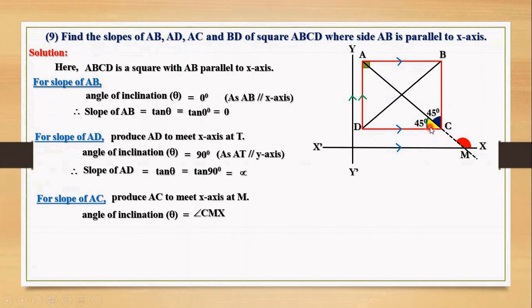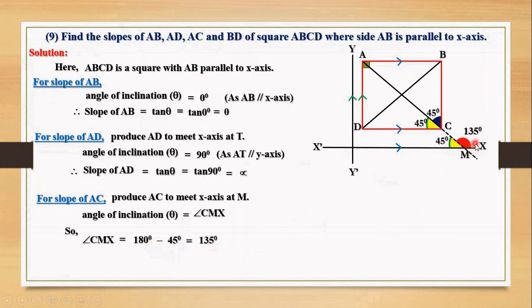So this yellow angle has its corresponding angle pair, which is CMX dash. So these two angles are equal, 45 degree. Since CMX and this 45 degree are a linear pair, we have angle CMX equals 180 degree minus 45 degree, which is equal to 135 degree.